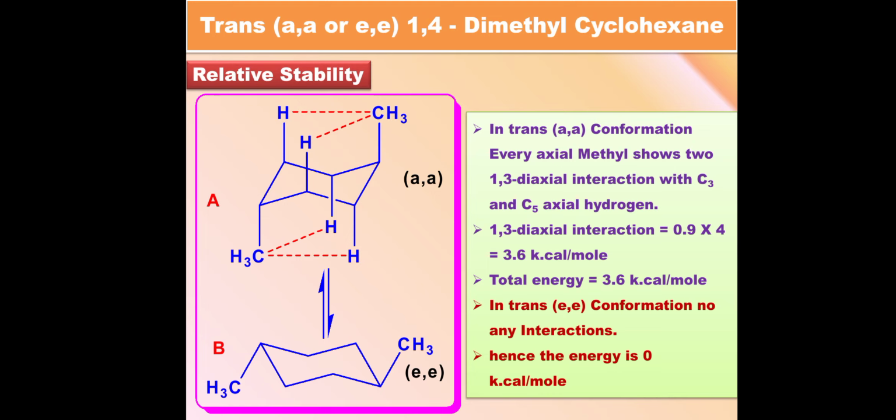Whereas in the trans diequatorial conformation, there is no butane-gauche interaction as well as no 1,3-diaxial interactions, and therefore its energy is 0 kilocalorie per mole. So the trans diequatorial conformation is the more stable conformation of 1,4-dimethylcyclohexane.